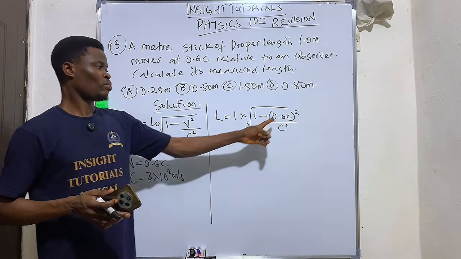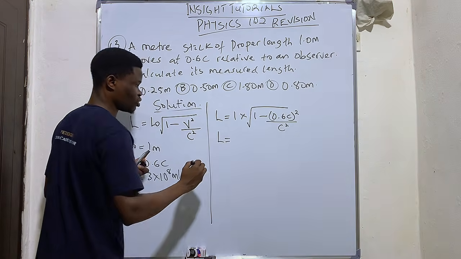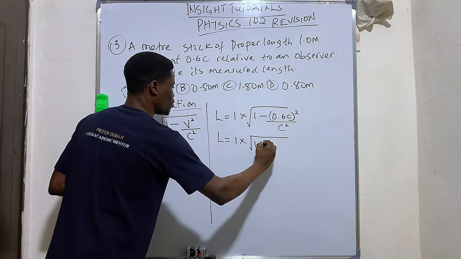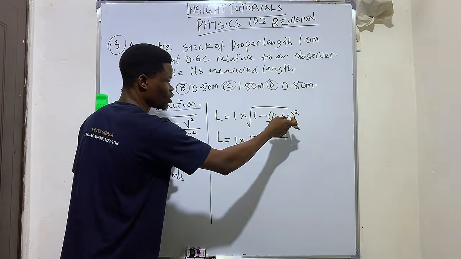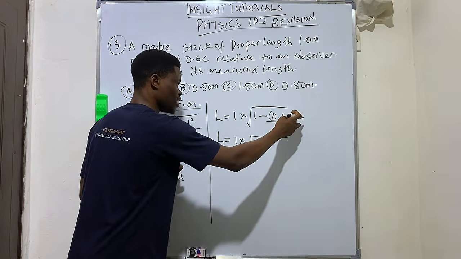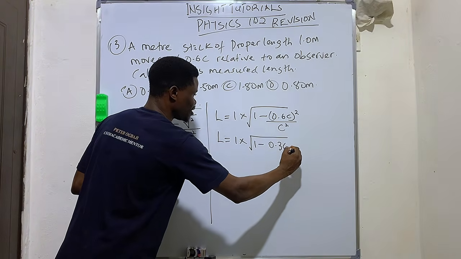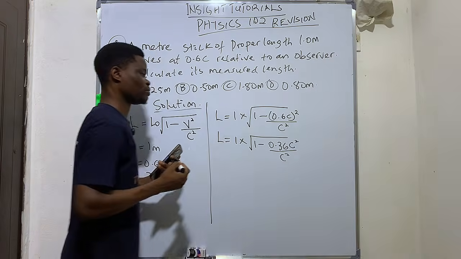You will see why, because if we go down, we're going to have our contracted length equals 1 times the square root of 1 minus, and if we solve for this bracket, we are going to have 0.6 times 0.6 and then c times c. So we'll have 0.36 c squared up here all over c squared.